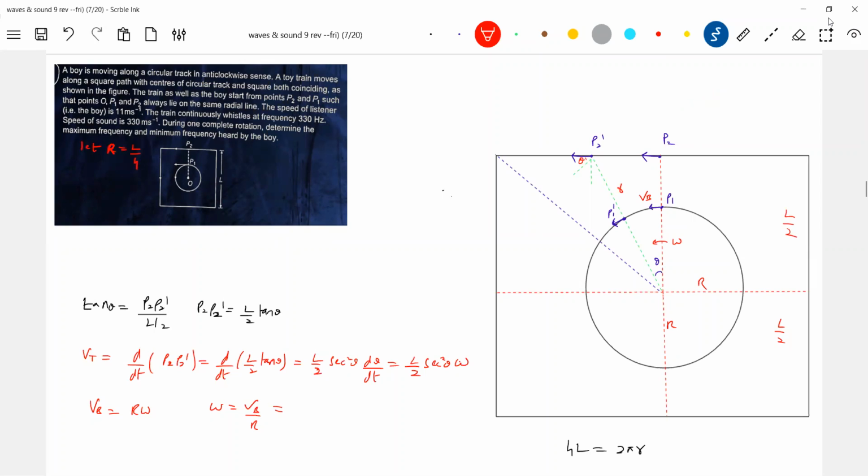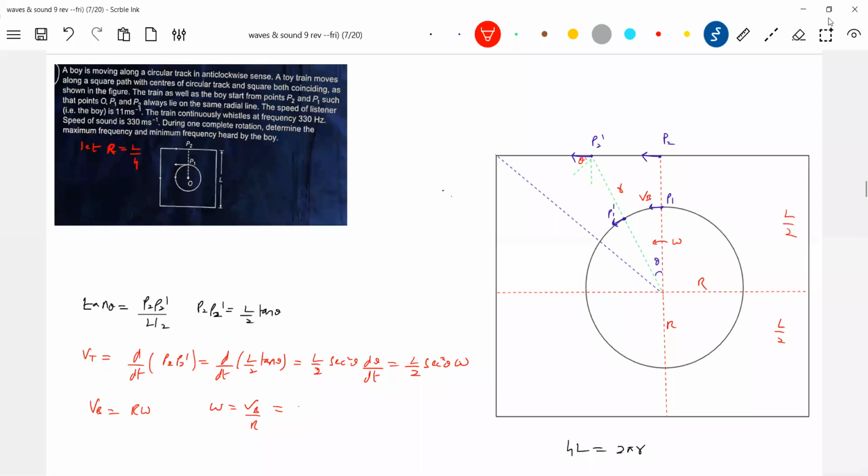No, 11. So 11. Okay, let me read once because I too forgot. Yeah, we don't know the speed of the train. That's a major problem. Okay, I think we have ended up with omega equal to V by R.